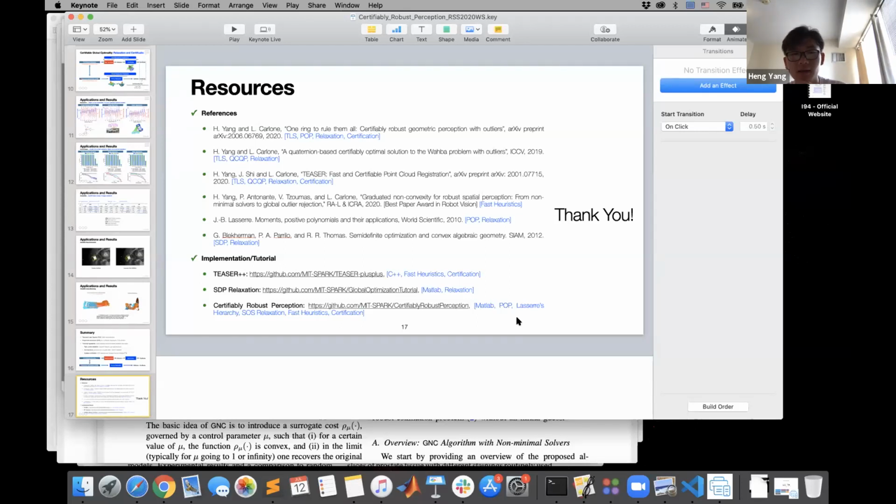To design a tight relaxation, you need enough inliers, and you also need very distinguished registration cues, like point-to-point correspondence instead of point-to-plane or point-to-line or point-to-image. For example, 2D to 3D certifiable perception is more challenging than 3D to 3D.